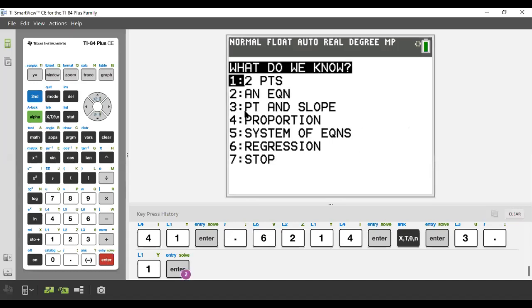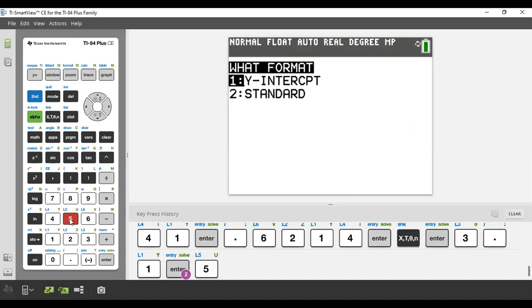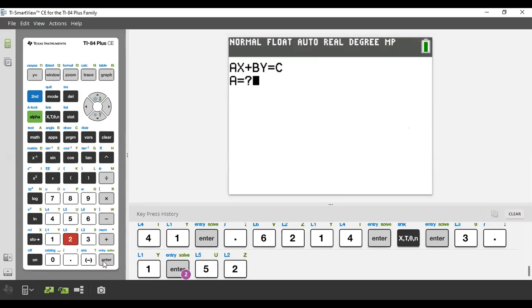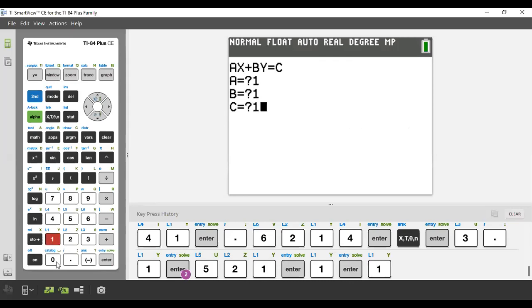Now, we've got a system of linear inequalities, so we can go to the linear option. Press enter. We're going to choose option 5 for this one. They are both in standard form, so we're going to choose option 2, and the coefficient of the X term is 1, and the coefficient of the Y term is also 1. The constant is 10 because it has to be at least 10 packages.